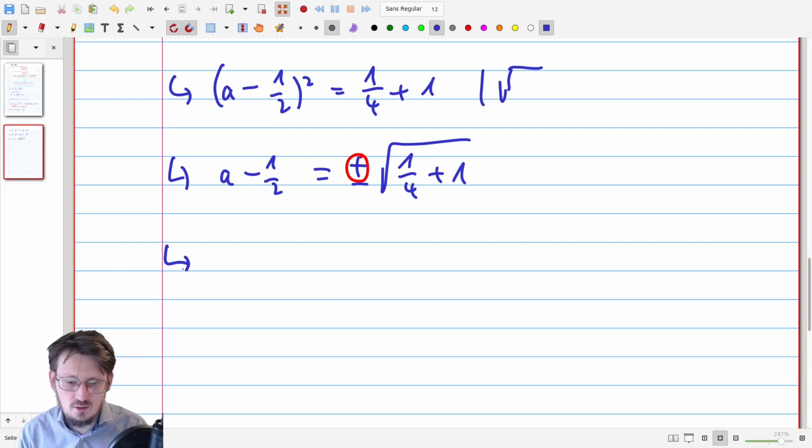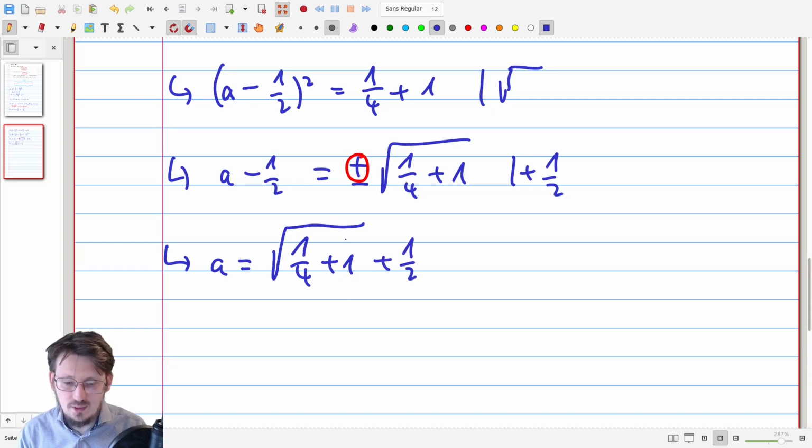So then in the next step, the only thing which we will do is bring this 1/2 to the other side. So we can write here plus 1/2, which means a is equal to the square root of 1/4 plus 1 plus 1/2. This is already the solution, but we can do some more simplification here. We can easily replace 1 with 4/4 to bring both to a common denominator.